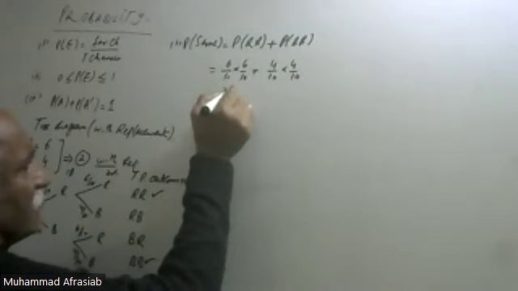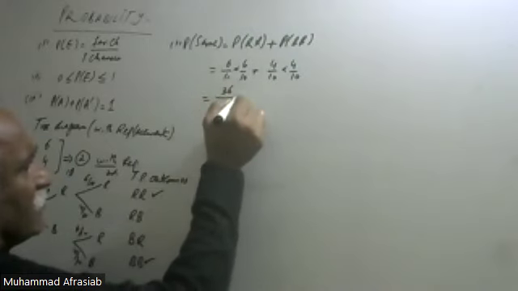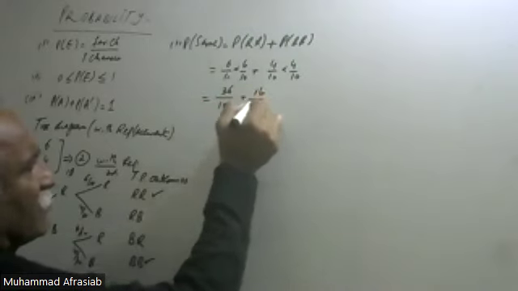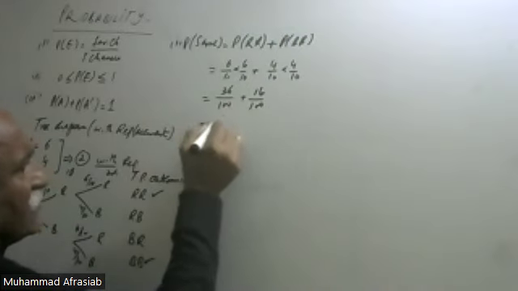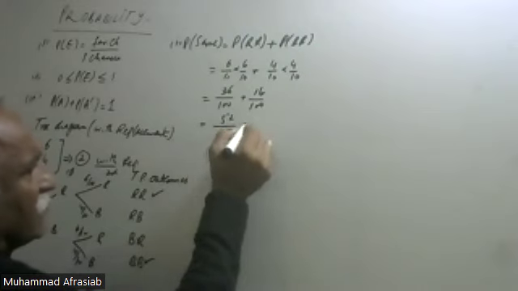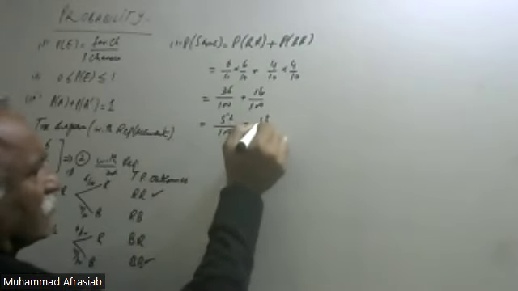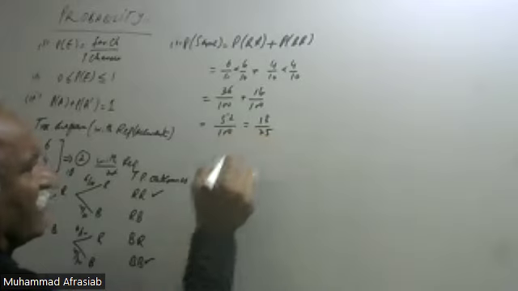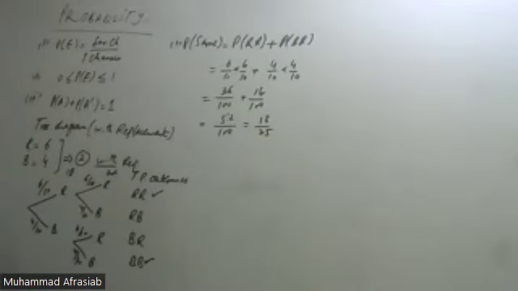This is 36 over 100 plus 16 over 100, which is equal to 52 over 100. 13 over 25 is the probability for the same color being obtained from the 2 balls of red and blue color.